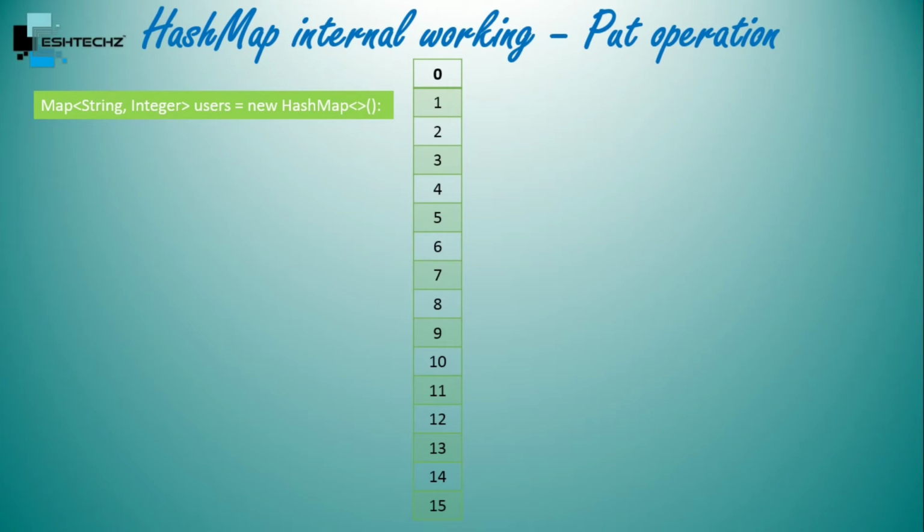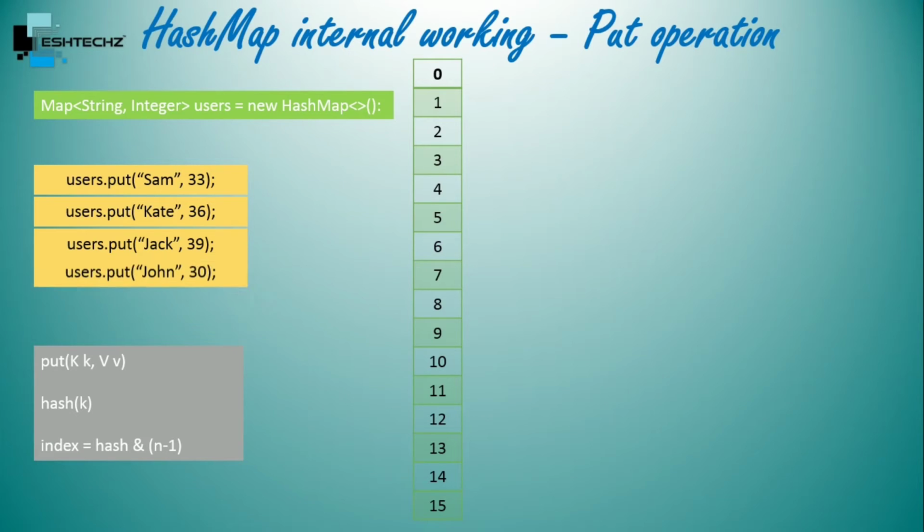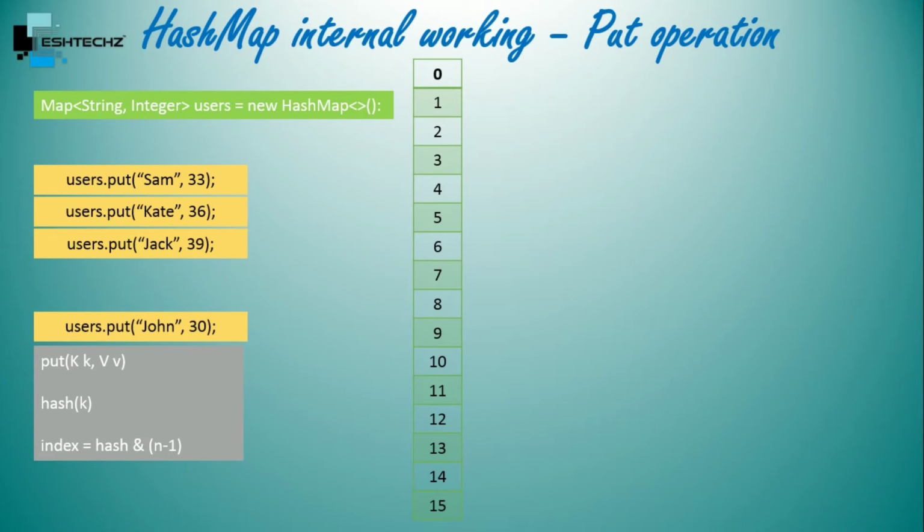Now in order to add the values to the map, we need to type users.put and we need to provide key and value. So John is the key whereas 30 is the value. Similarly, we can put different values. Now when we execute this put operation, the put method takes John, which is the key, and calculates a hash out of it.